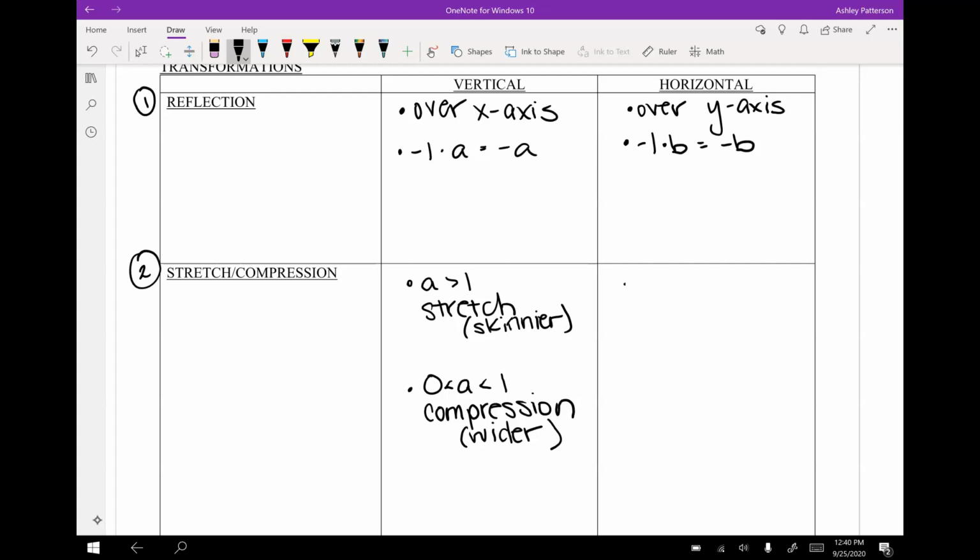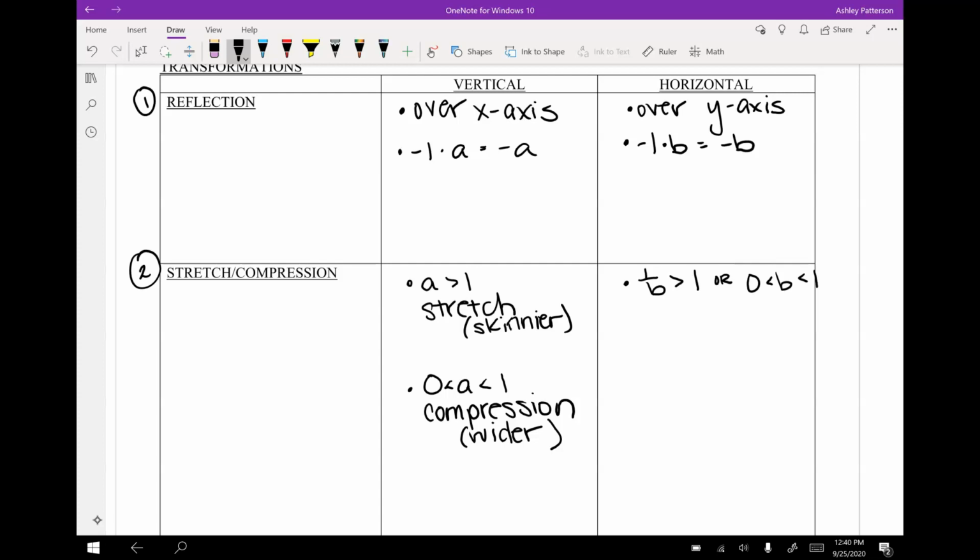All right, looking at the horizontal, anything horizontal affects the x, right? So if my reciprocal of b is greater than 1, because remember, it's in the given equation. So you can think of it if the reciprocal is greater than 1, or if the given value is between 0 and 1.